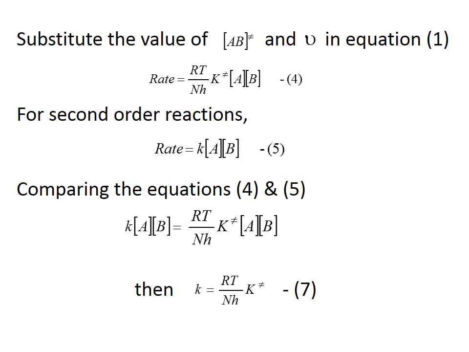The rate will be equal to RT by Nh K double dagger into concentration of A and concentration of B. This is equation 4.